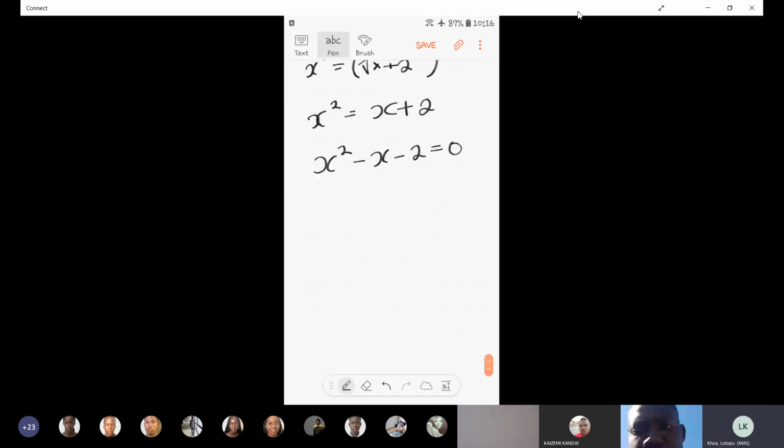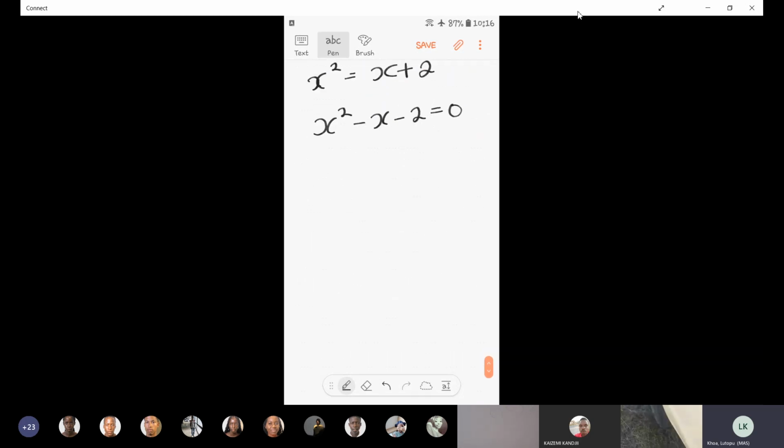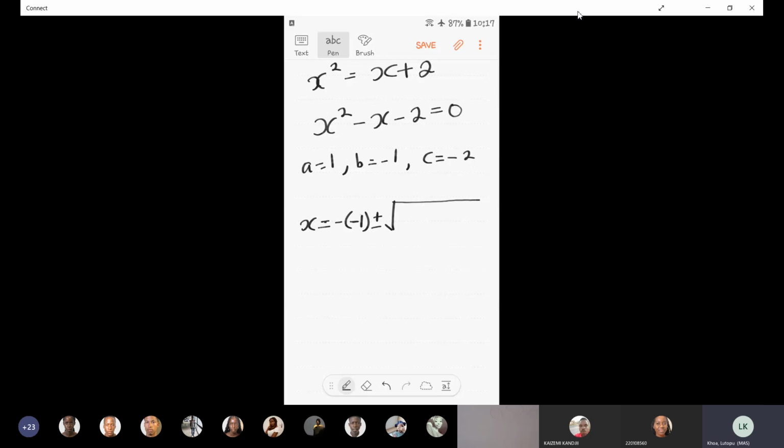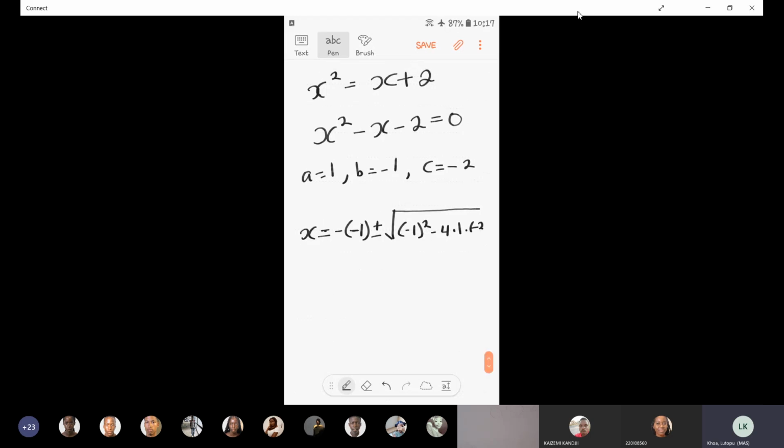For this one, I'm going to use the quadratic formula. So my a is 1, b is minus 1, and c is minus 2. Then I substitute. I get x is equal to minus b, which is minus negative 1, plus or minus the square root of b squared, which is minus 1 squared, minus 4 times a, which is 1, times minus 2, which is your c.